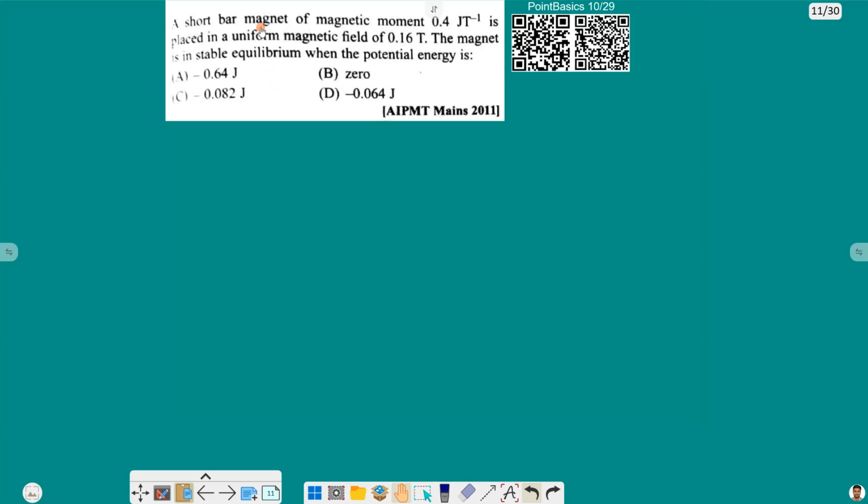Here we have a short bar magnet with the magnetic moment mentioned, placed in a uniform field. The magnet is in stable equilibrium when potential energy is? When the magnet is in stable equilibrium, the angle theta between M and B is 0 degrees. So potential energy in this configuration will be minus MB cos 0, so it will be minus MB.